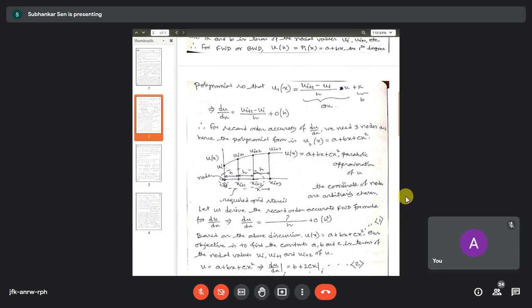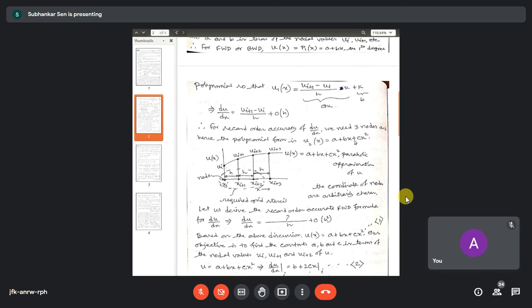So we have coordinates as the known quantities, nodal values as unknown quantities but as constants, and our a, b and c we have to calculate. We need to represent this a, b and c in terms of nodal values. It means we want to find an expression of a in terms of ui plus 1, ui plus 2.